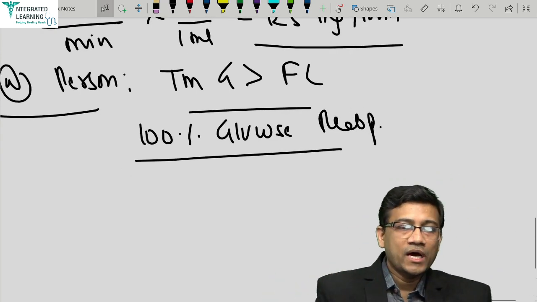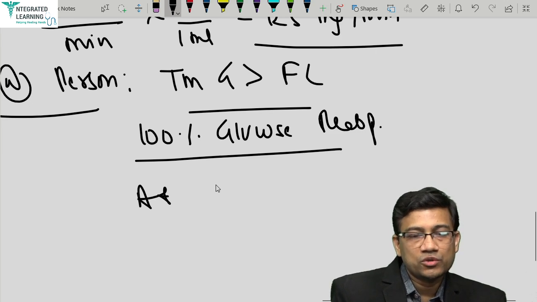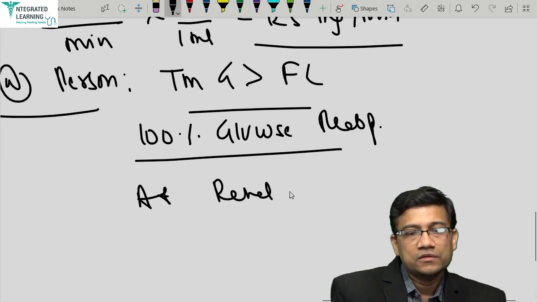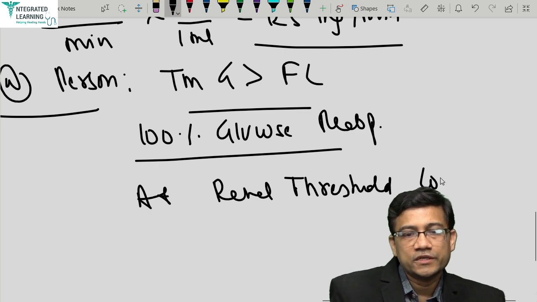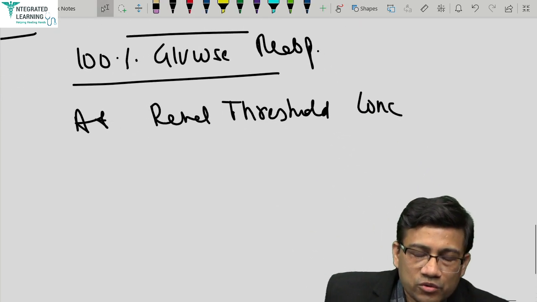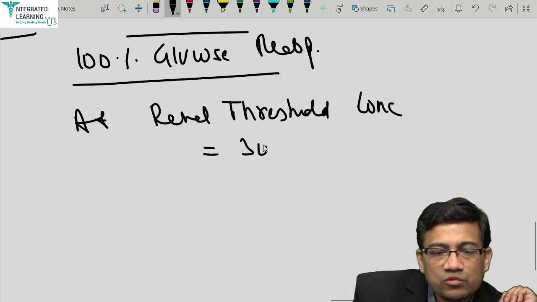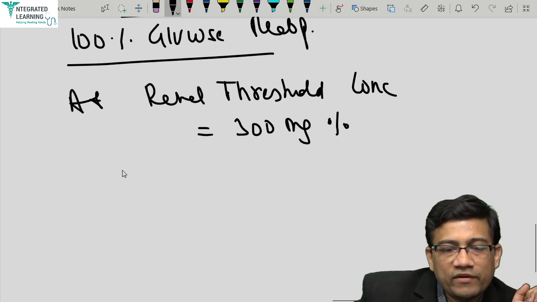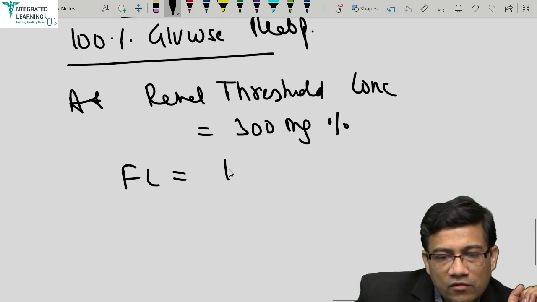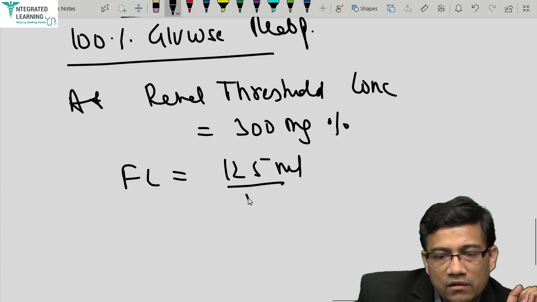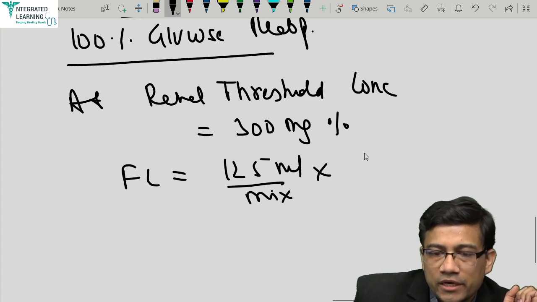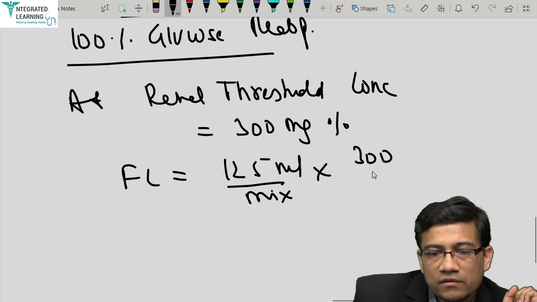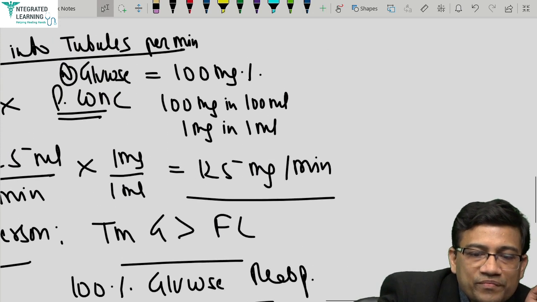Now at the renal threshold concentration, equal to 300 milligram percent, what happens to the FL? FL is again 125 ml per minute into 300 by 100. At 100 you got 125.